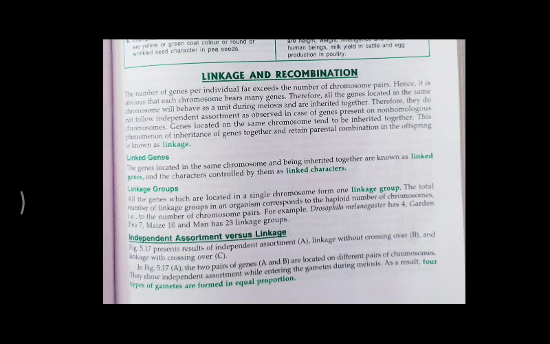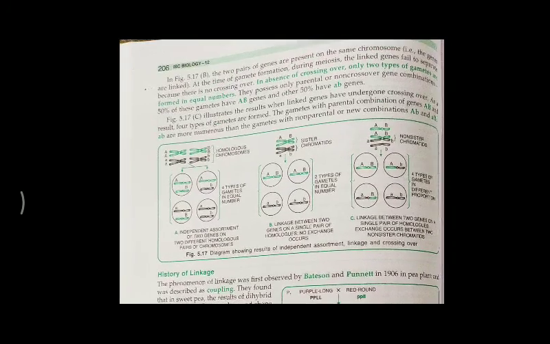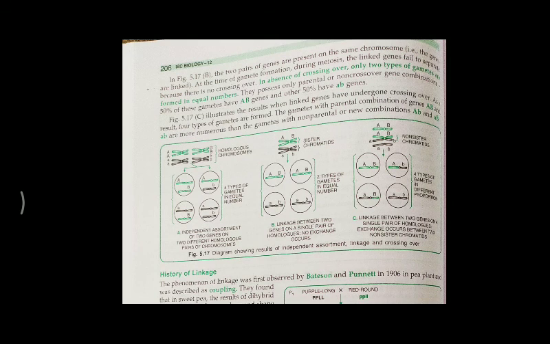These genes are present on separate chromosomes. There is neither linkage nor crossing over under the independent assortment condition. You can get a clear idea about what we discussed through figure number 5.17.